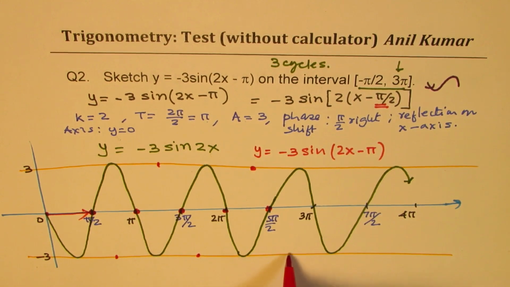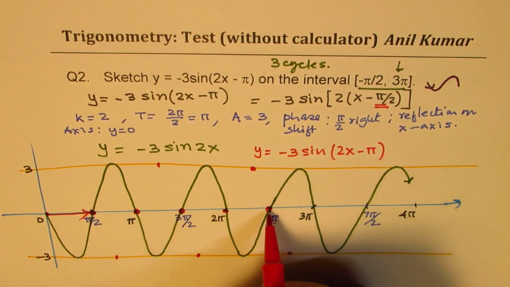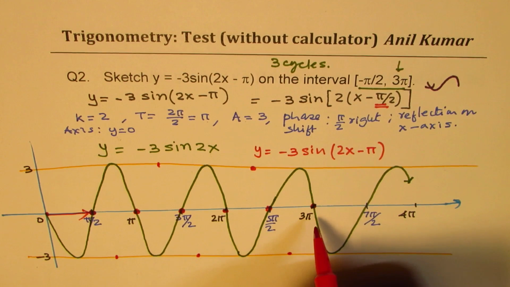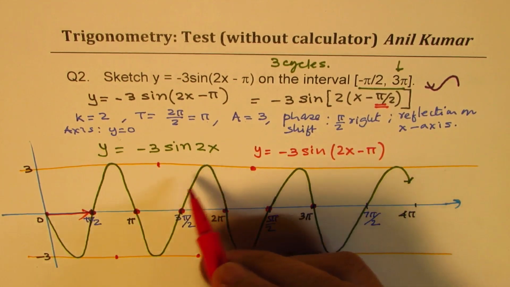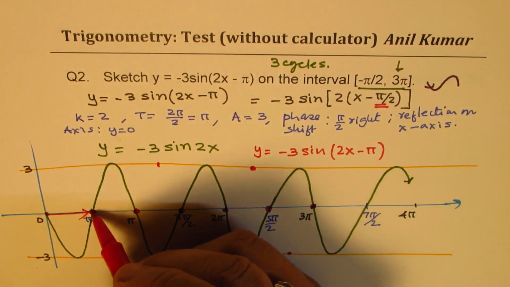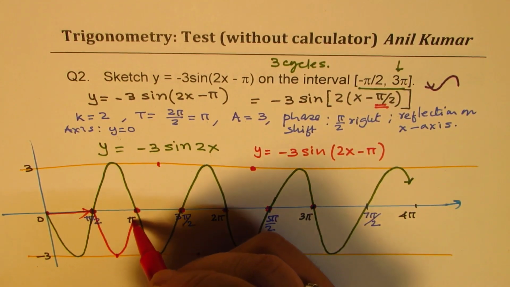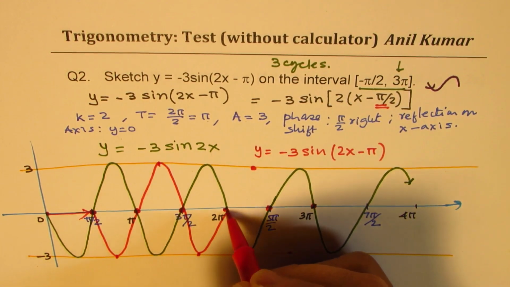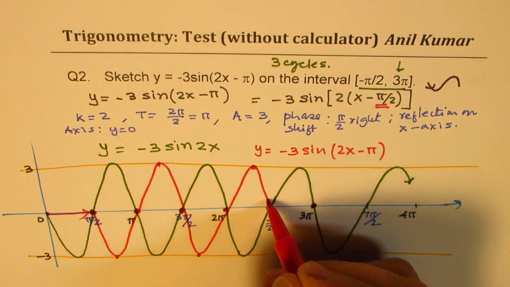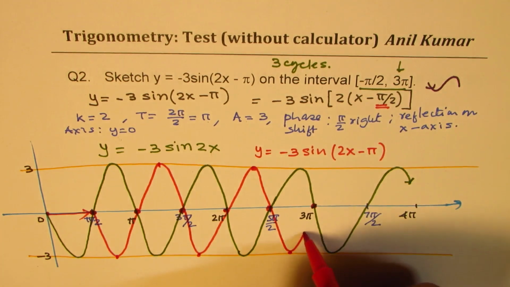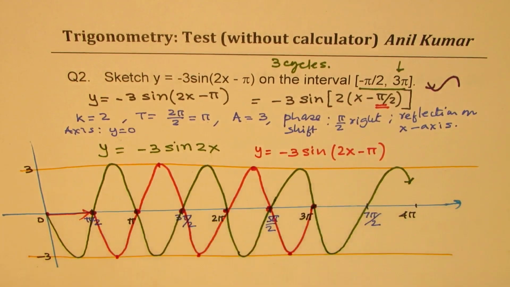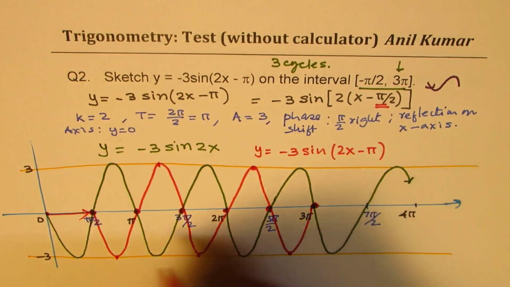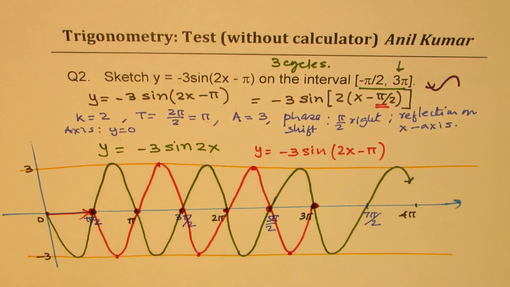All these minimums will come here, and the zeros will move to the next 0, correct? As you can see, we got all our points in place, and I can now sketch the graph of our required sine function. That's it. So the graph is from pi by 2 to 3 pi as shown here.